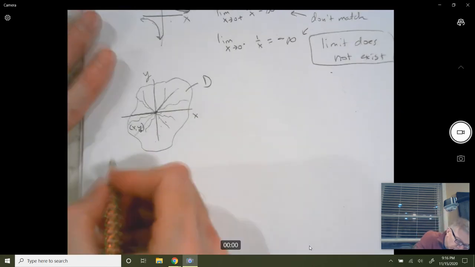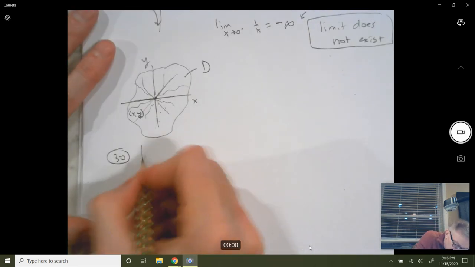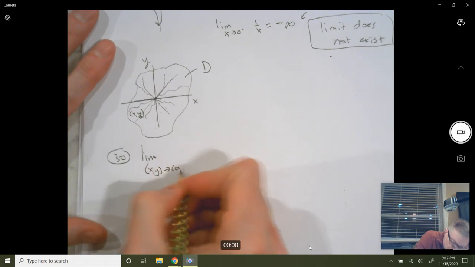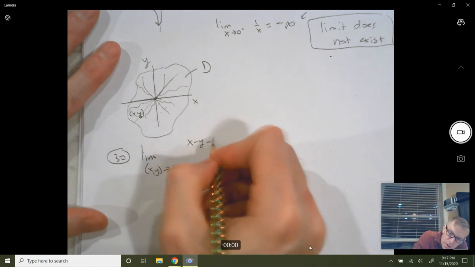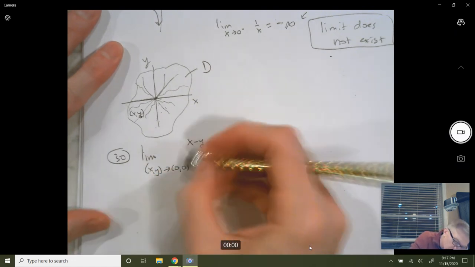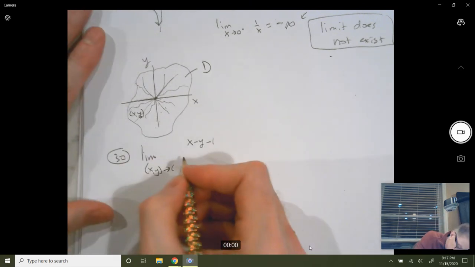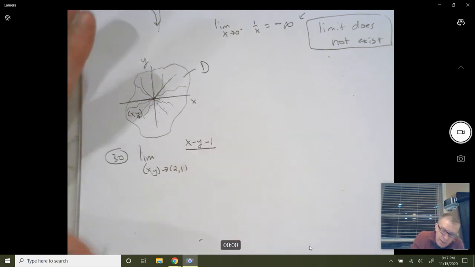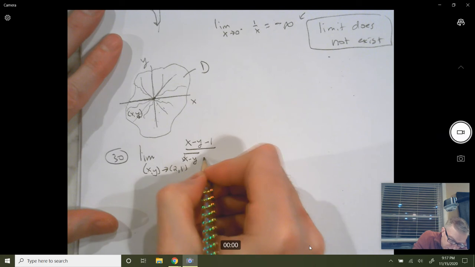Okay, so if you look at number 30, you might get a limit that looks like this. Limit as x, y approaches 0, 0 of x minus y minus 1. Actually, we're not approaching 0, sorry. We're approaching 2, 1. x minus y minus 1 over square root of x minus y minus 1.